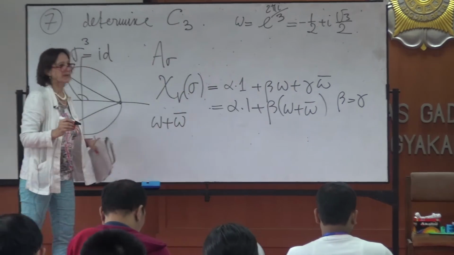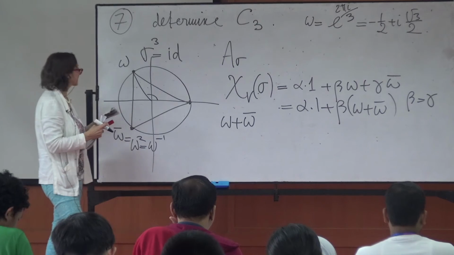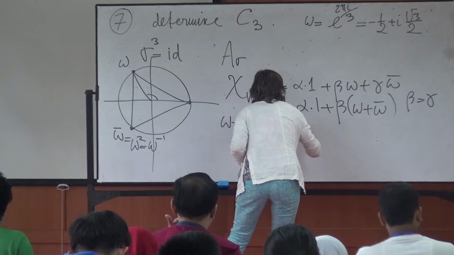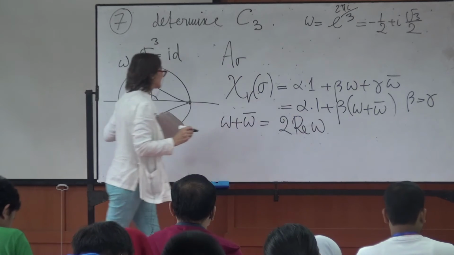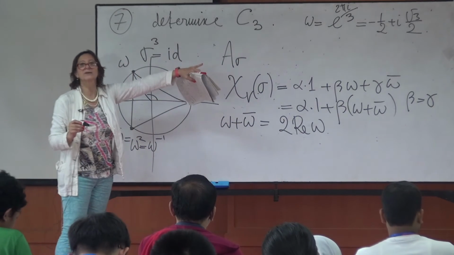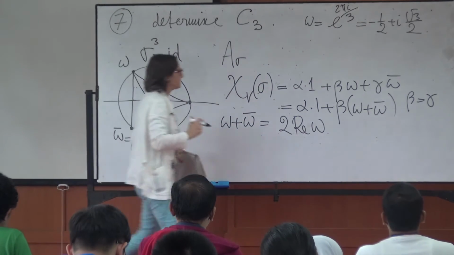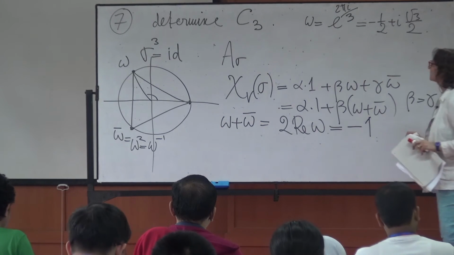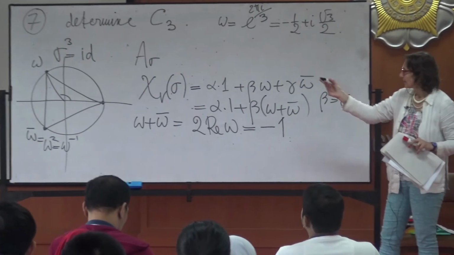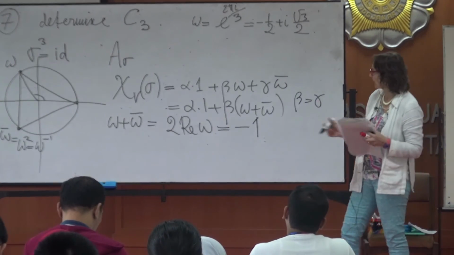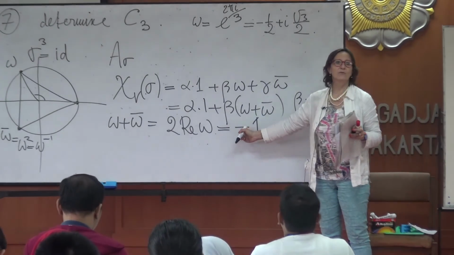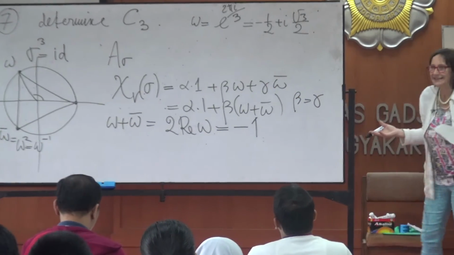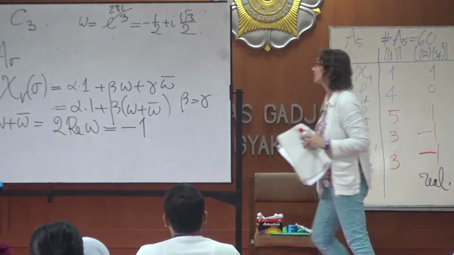And now omega plus omega bar is twice the real part of omega. And the real part of omega, we just said, is minus a half. So here we get a minus 1. So the character will be a sum of minus 1 and 1, the other eigenvalue. So we get an integer.